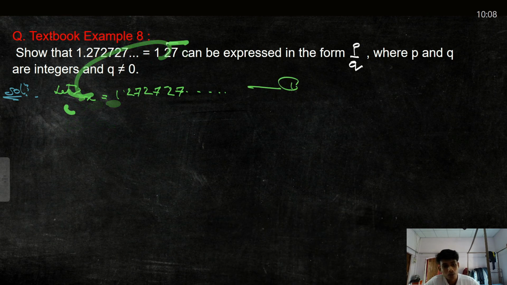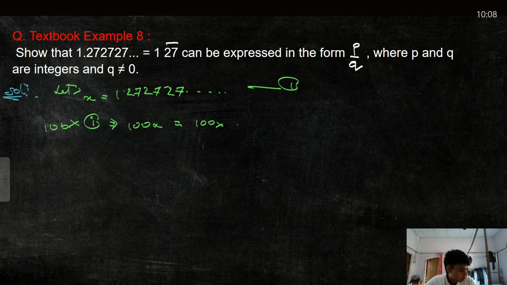Here comes equation 1. Now we multiply equation 1 by 100. That implies 100x equals 100 into 1.272727 dot dot dot.